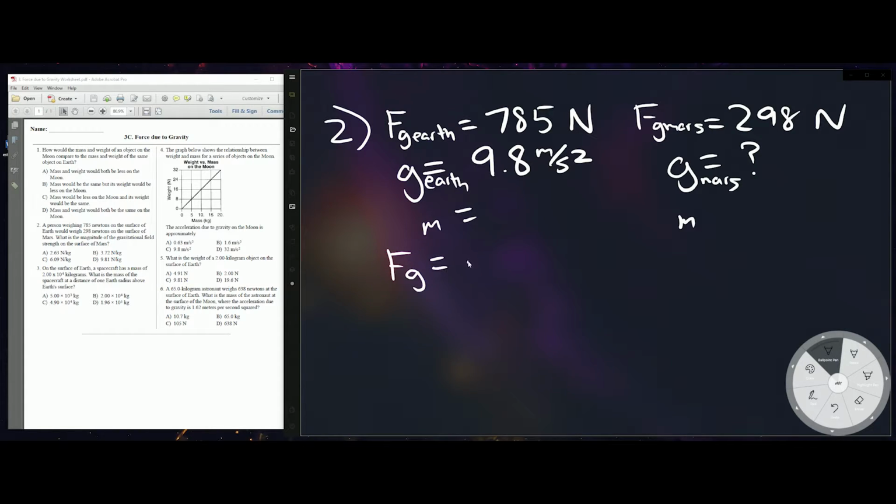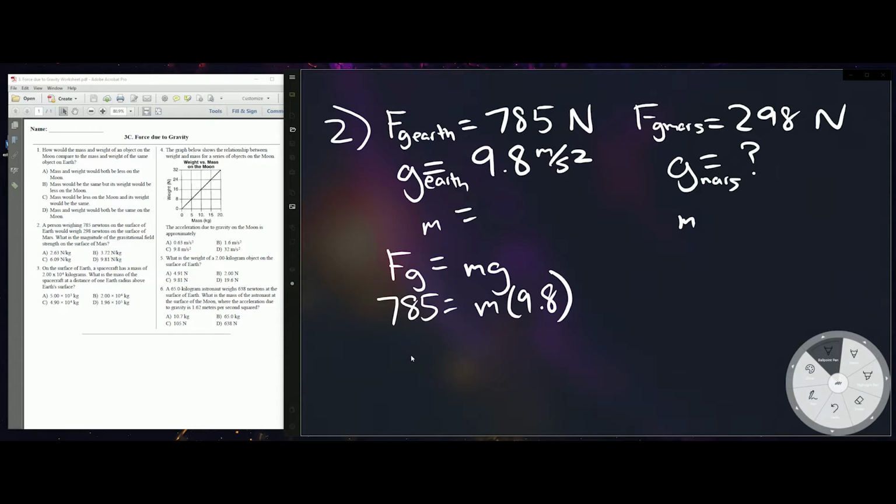Fg is equal to mg. And so we substitute 785, and we get m times 9.8.